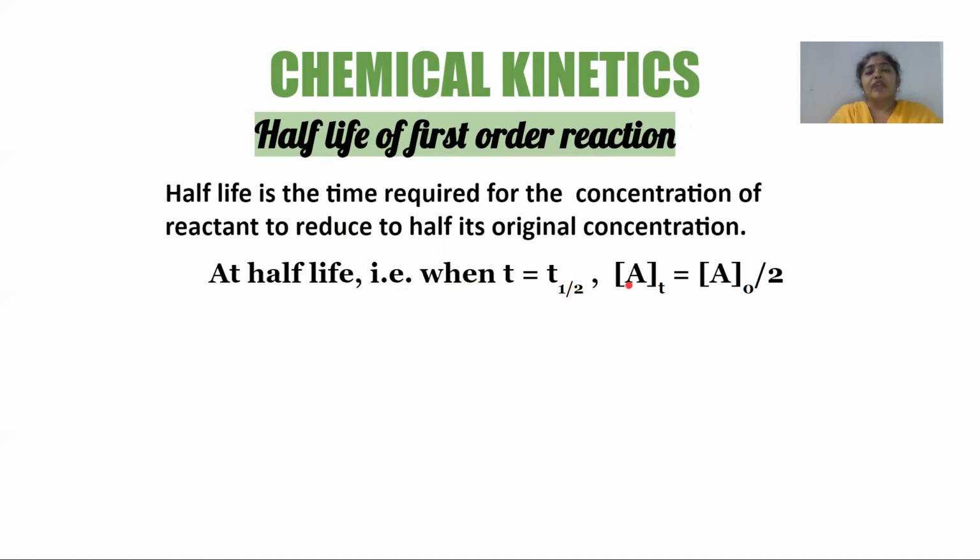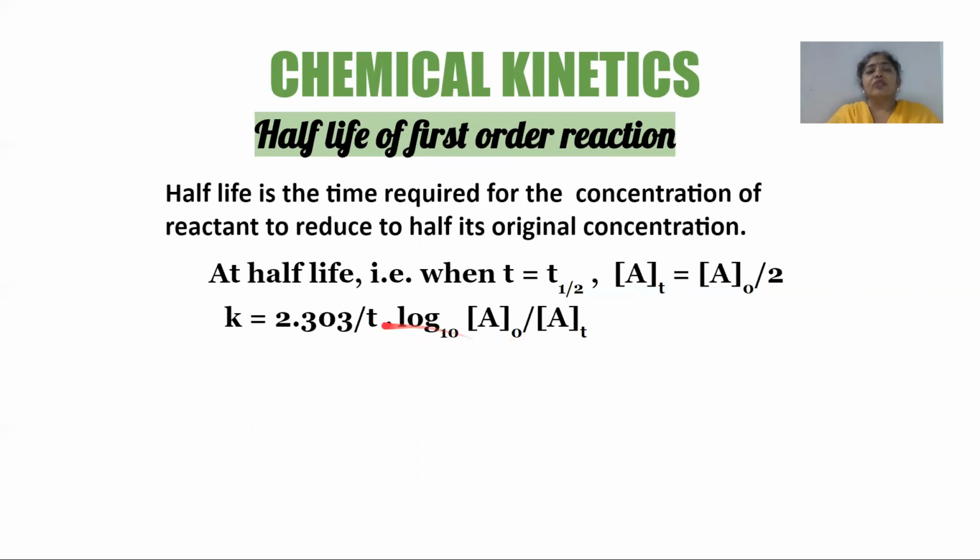Then at that point of time, the concentration of the reactant will be equal to half the original concentration. That means it becomes A0 upon 2. So we just have to substitute these conditions in our integrated rate law for the first order reaction. Here we have the integrated rate law, that is k equals 2.303 by t log of A0 by At to the base 10.